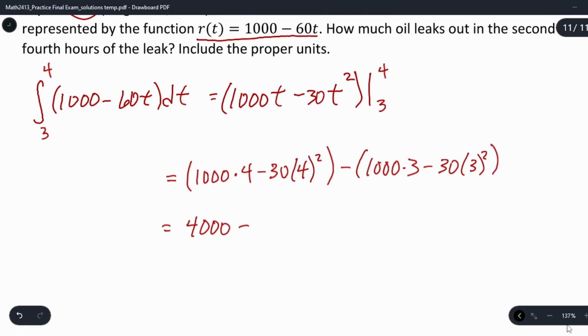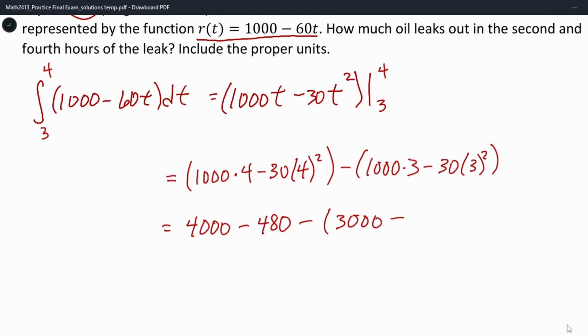4 times 1000 is 4000. 4 squared is 16. 16 times 30 is 480 minus, this is going to be 3000 minus 3 squared is 9. 9 times 30 is 270.